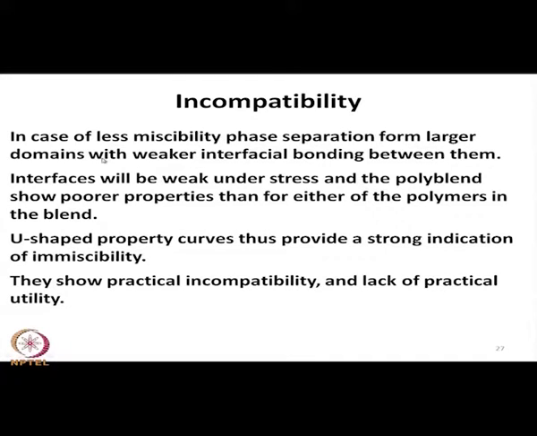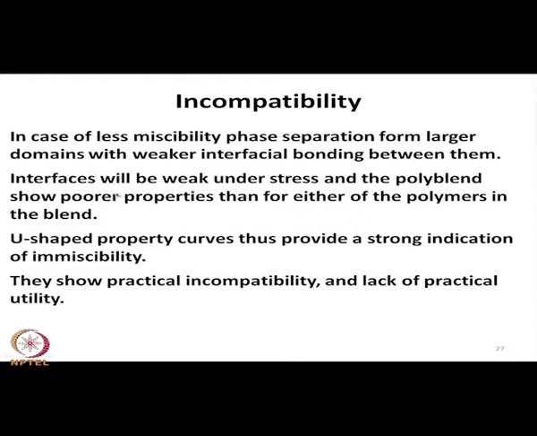There can be dispersed domains in a continuous matrix. If there is a lack of interfacial interaction between the domains and the matrix phase, then we regard this as a blend having less miscibility.